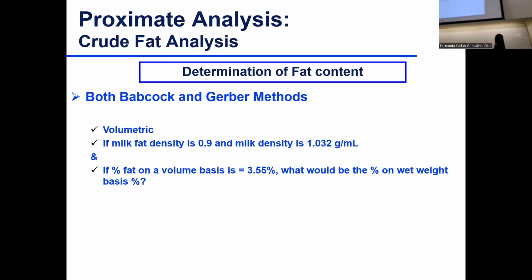Now, if I want to know in dry basis, would you just do 3.195 divided by the mass of the fat divided by the mass of the solids? Sort of. Is it 30.9%? Yeah, or 309%? Oh, 30.